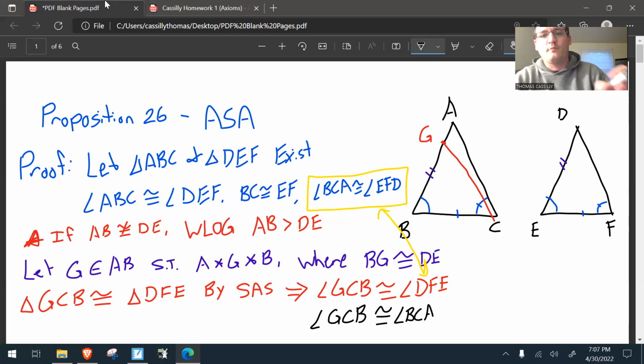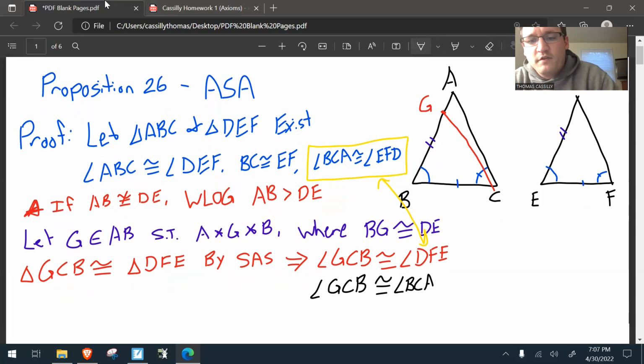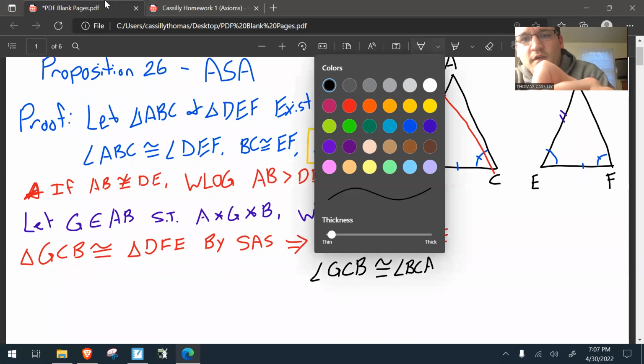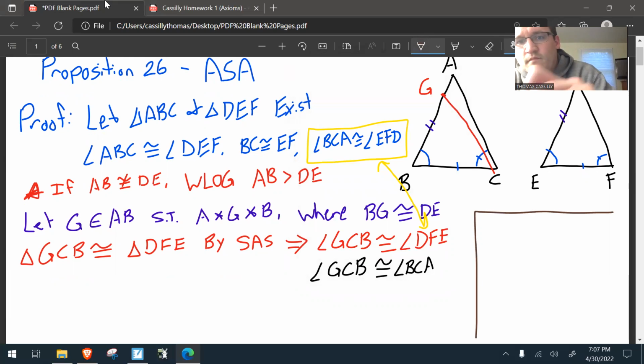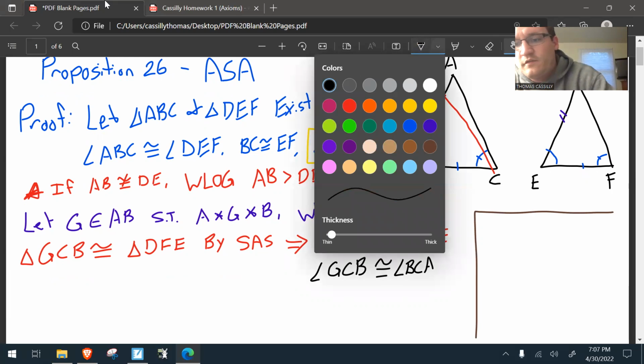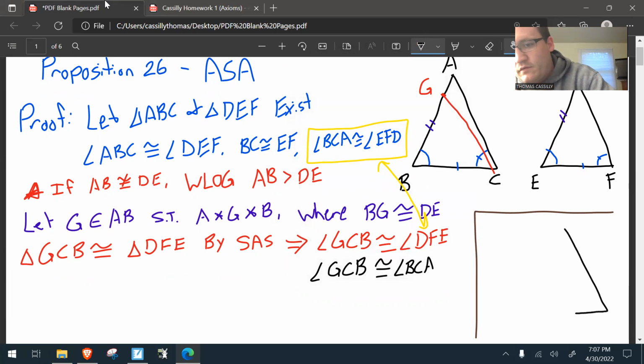All right, so what I'm going to do is try to draw out a contradiction. Since these two angles are congruent, let's look, I'm going to do a side note. So if we look at these two angles, so I have B vertex C, I know that these two angles are congruent.